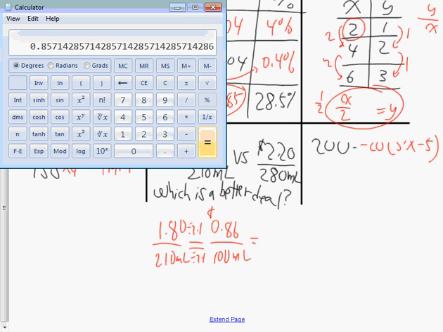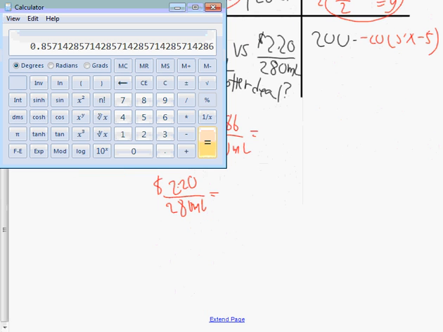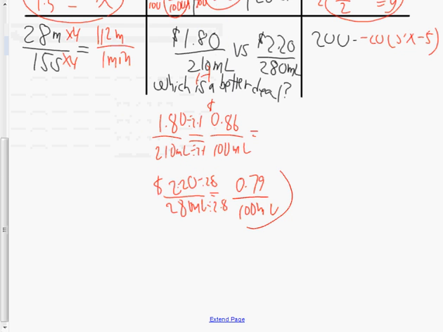That's the first one. That's A. And B is $2.20 for 280 mils. So therefore, if I divide by 2.8, I get 78 cents, or 79 cents roughly, per 100 milliliters. And therefore, the better deal is the second one, B. This is the better deal.